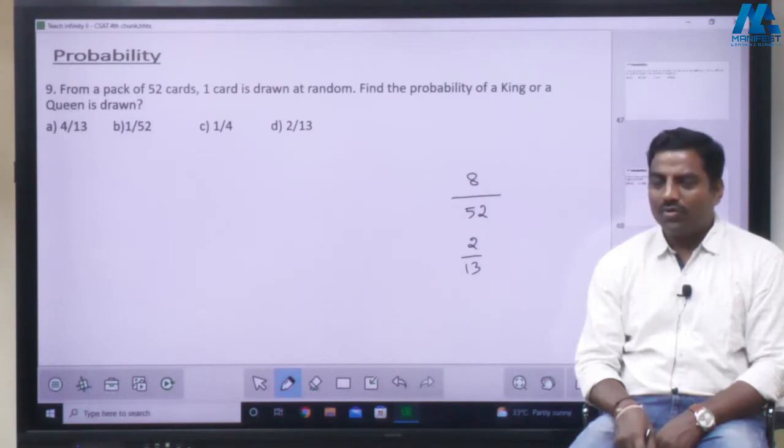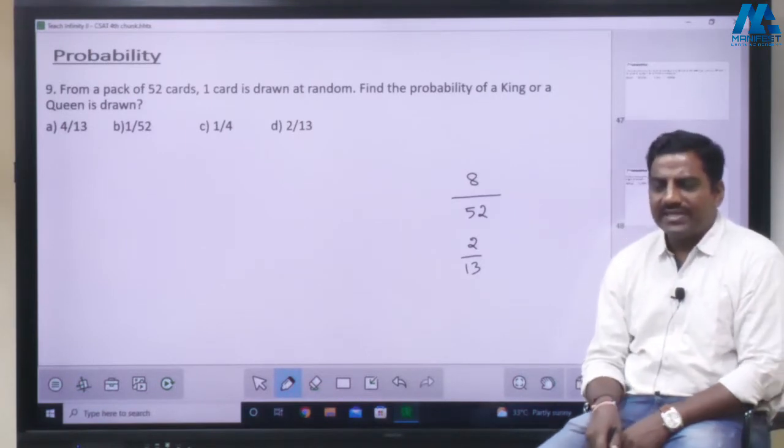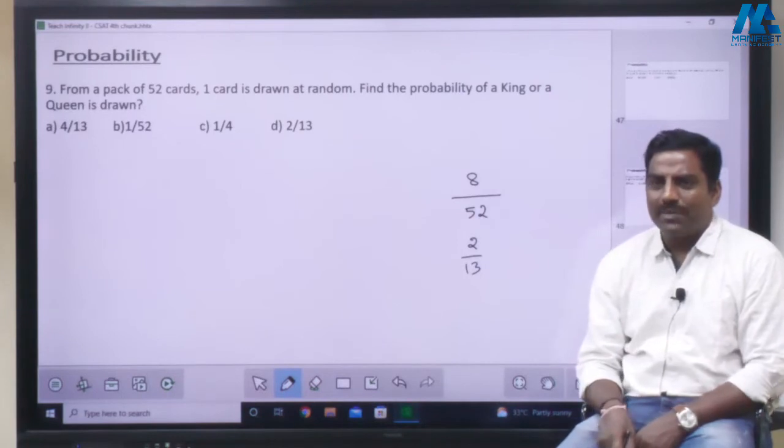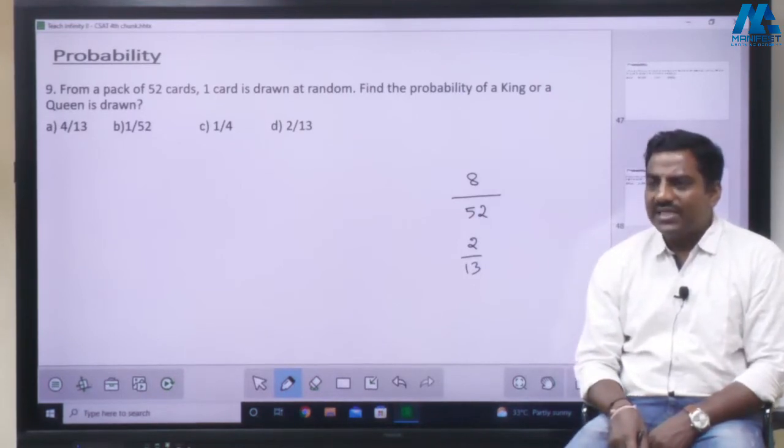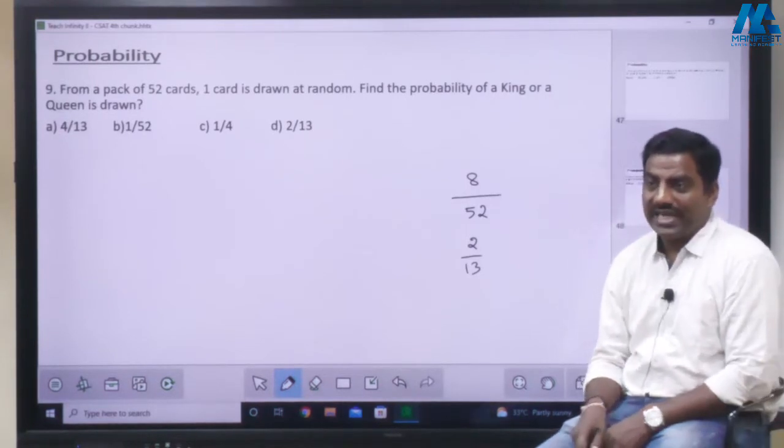If you know that much, you can solve the problem. But this card game is a bit complicated compared to other games. In other games, you should understand how many sets of match, how many players are playing, against each other how many matches will be played. So there should be awareness about these games.